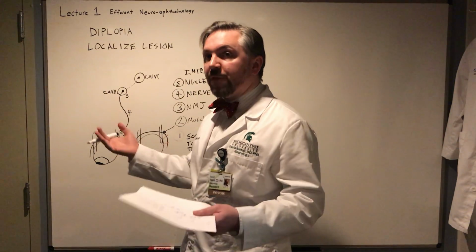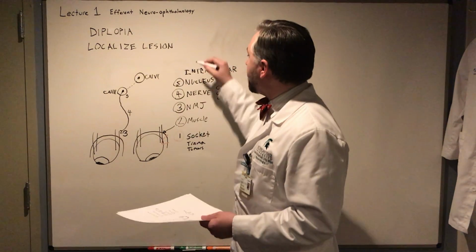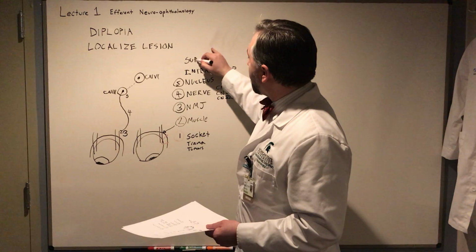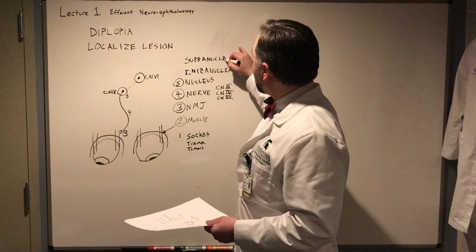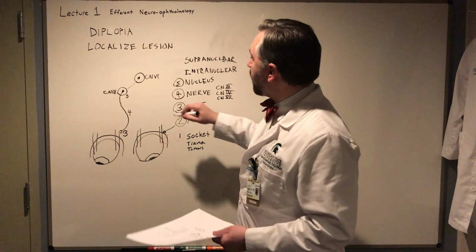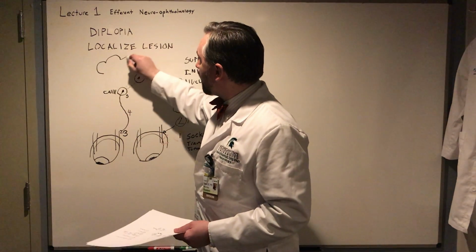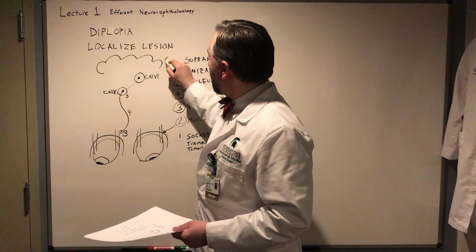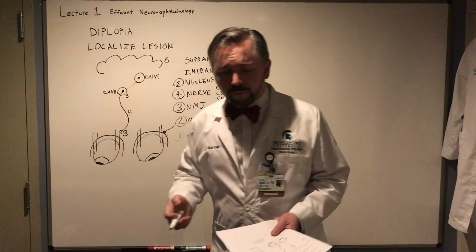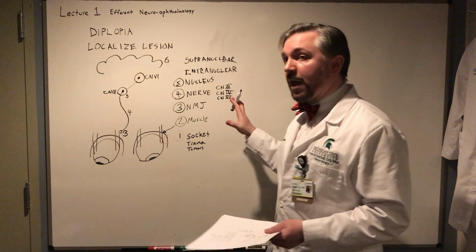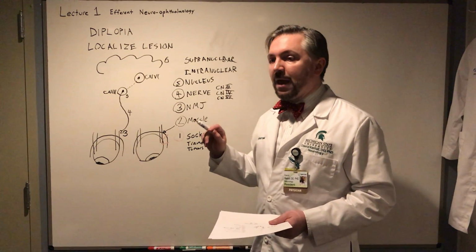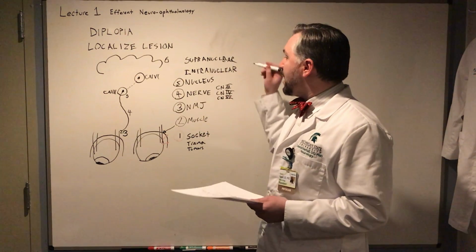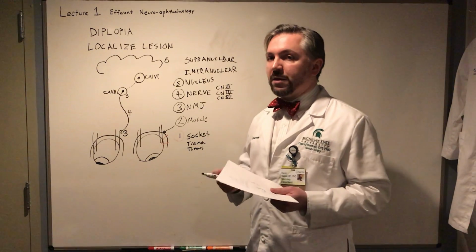And it could be above the brainstem, above where the nucleus is located, supranuclear. Those are the possible locations for a lesion that's causing eye movement issues, an efferent lesion. Next up, we're going to talk about each of these locations. What do you need to screen for?